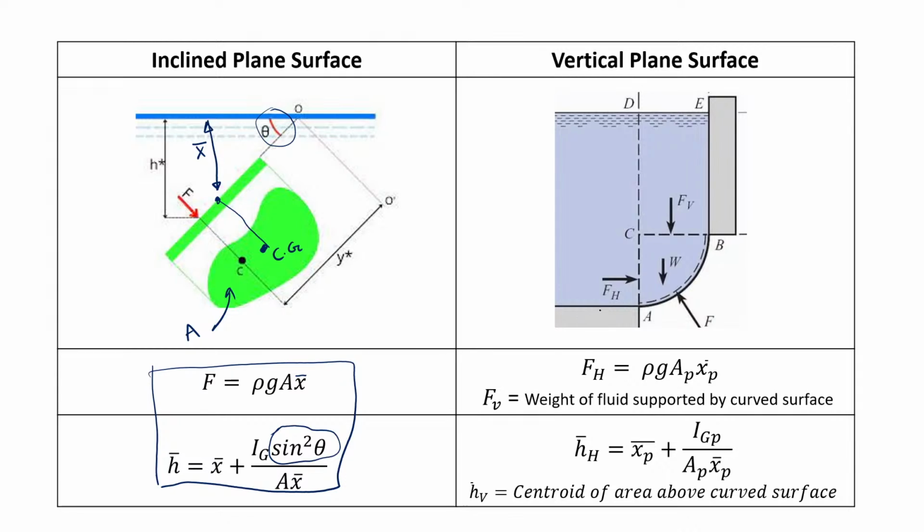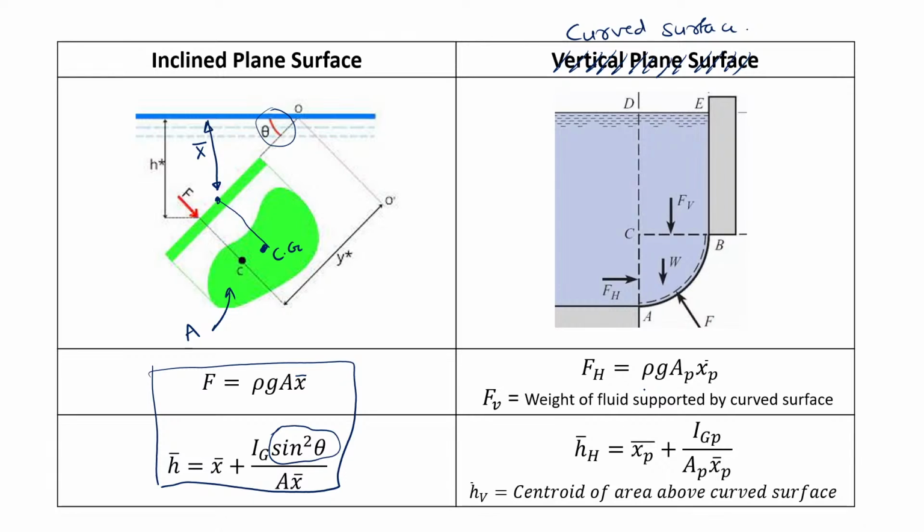Likewise, in case of a curved surface, there is some mistake. This is not a vertical plane surface, it is a curved surface. In case of a curved surface, instead of calculating directly this resultant force, we calculate components, the horizontal component and the vertical component.